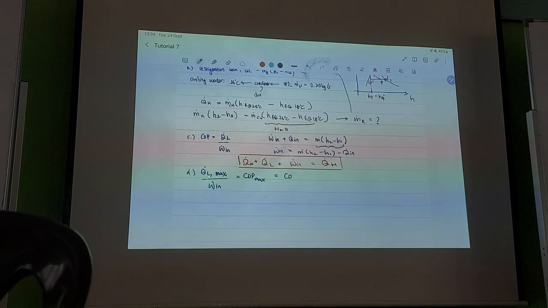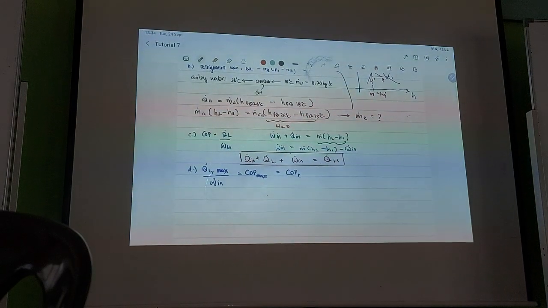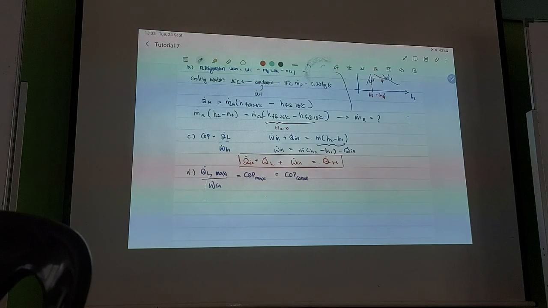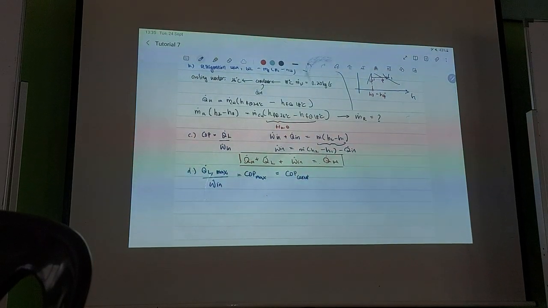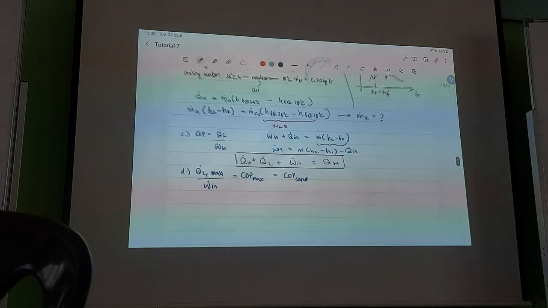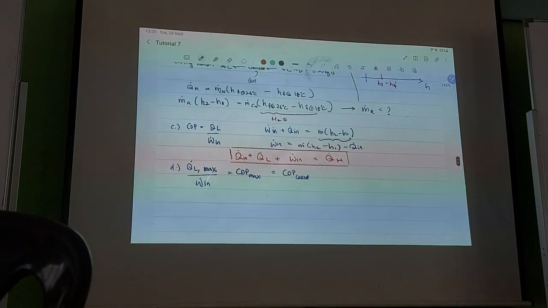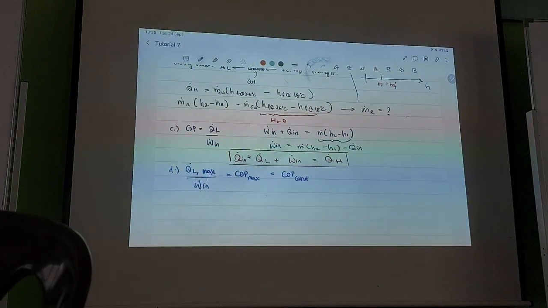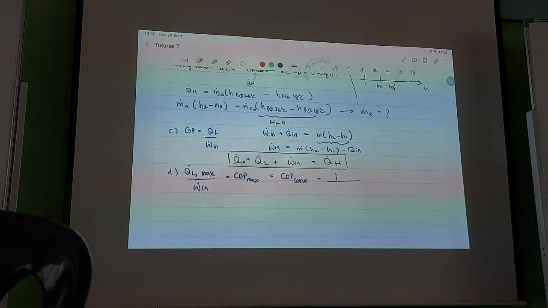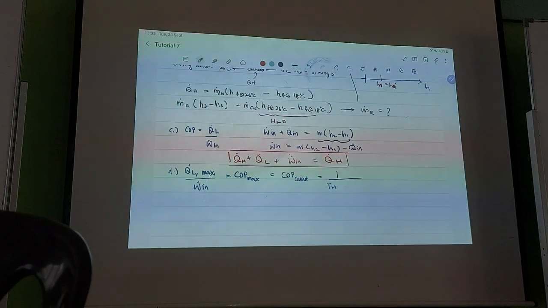It will be the reverse Carnot version. Always remember the theoretical maximum value is always the Carnot version. So based on the Carnot version, you can use this equation to find the maximum COP.